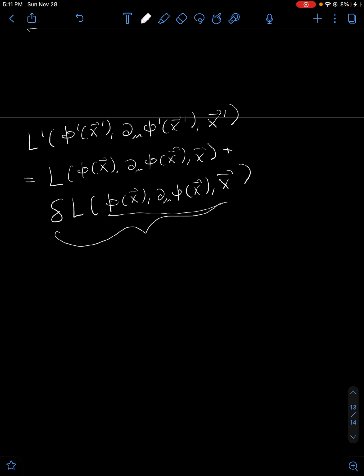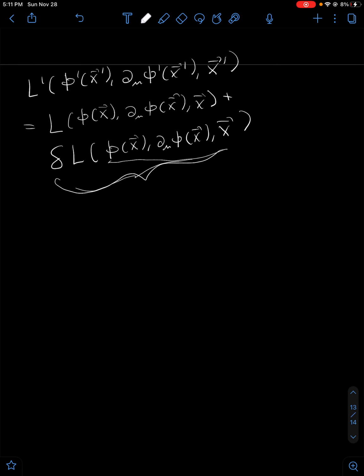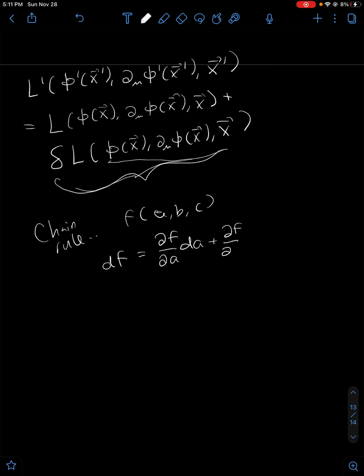Recall that the chain rule says that if you have some function f that depends on a, b, and c, then df, the infinitesimal function, will be partial f over partial a times dA, plus partial f over partial b dB, plus partial f over partial c dC.